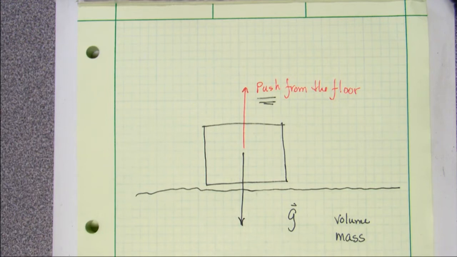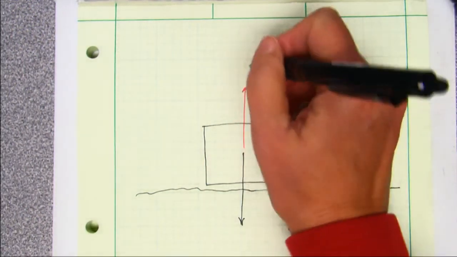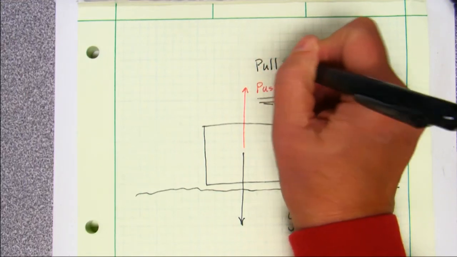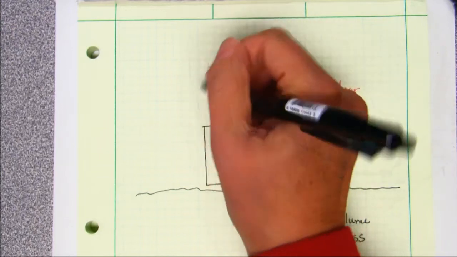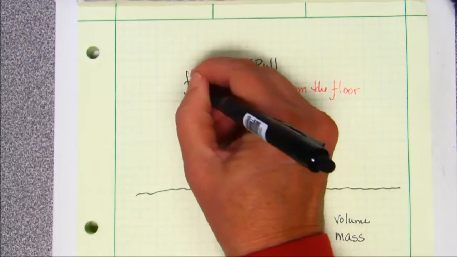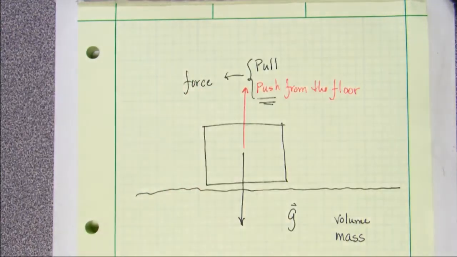or what's another way I can get my box to move? A pull. So I can do either a push or a pull, and that is fundamentally a simple application of a force. A force is a push or a pull that's going to hopefully generate some motion.